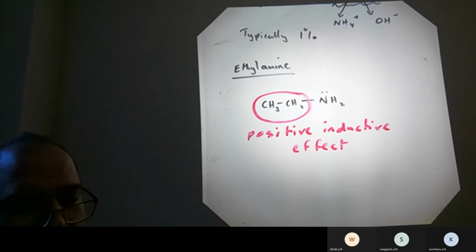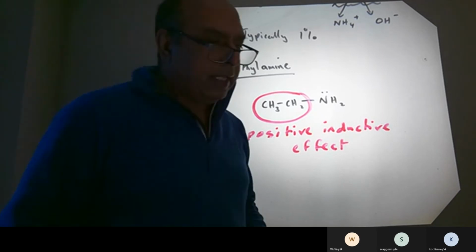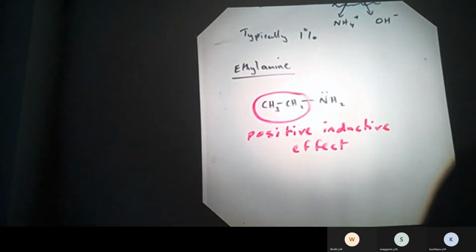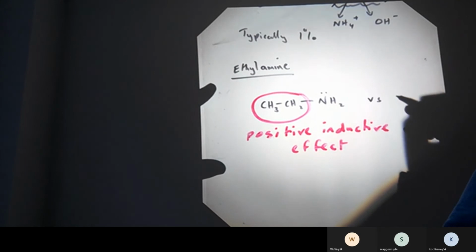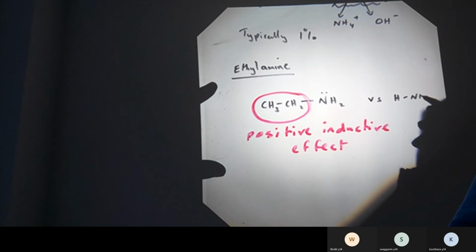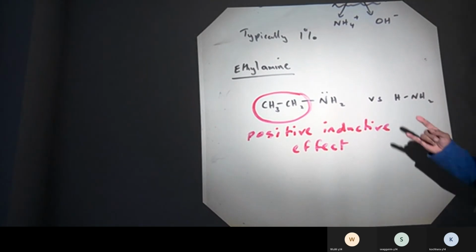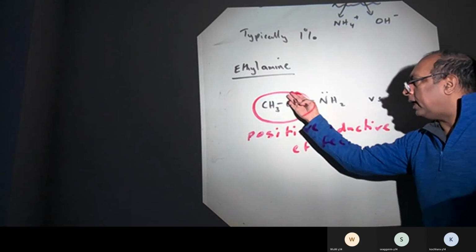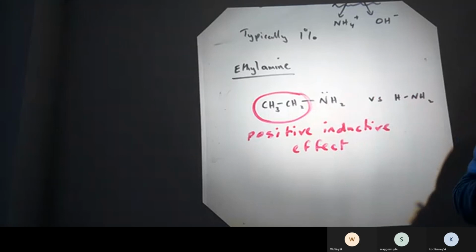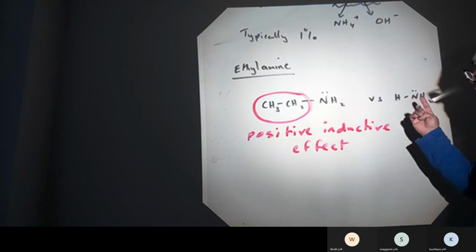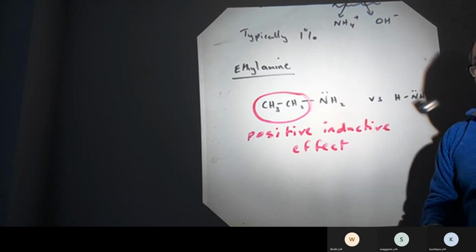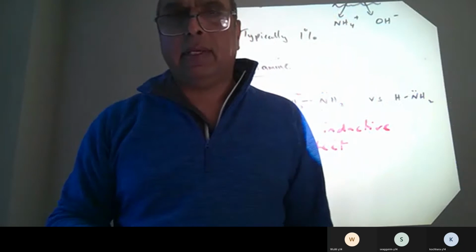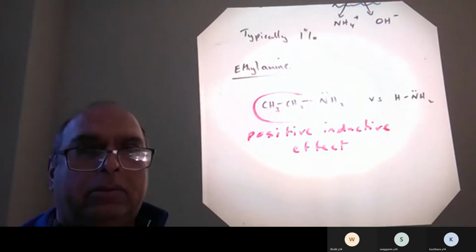If that lone pair of electrons is more available for bonding, then we can do a direct comparison versus HNH2. Directly, that's ammonia. If the H is an alkyl group, then that pair of electrons compared to ammonia will be more basic. It will be more of a base.